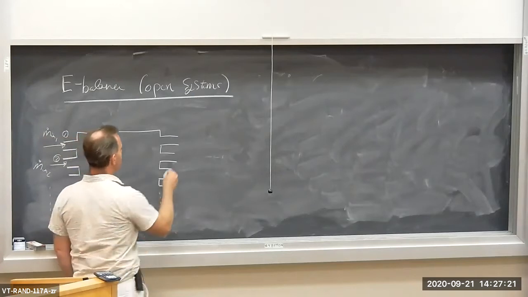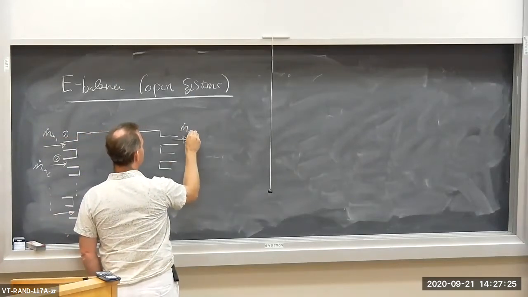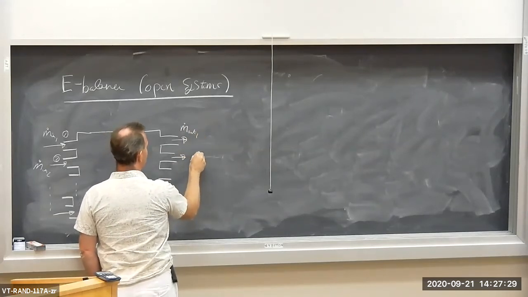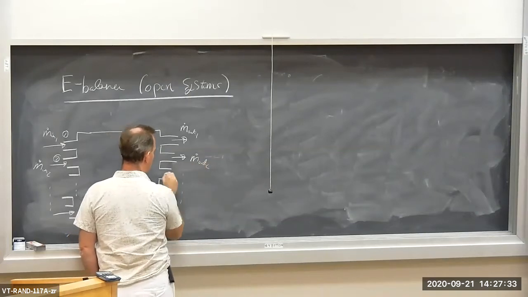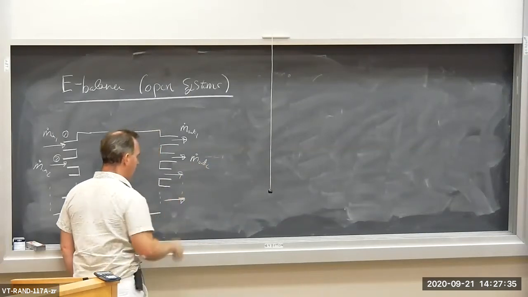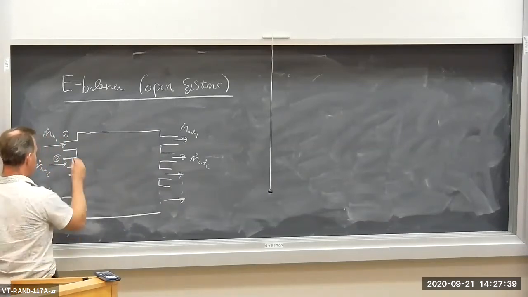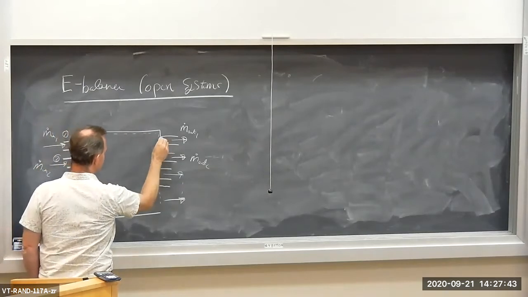Same thing on the outlet side, we have mass flowing out. So this is m dot out 1, m dot out 2. All these mass flows out of my system. And here's the control volume for my system. It's clearly an open system.